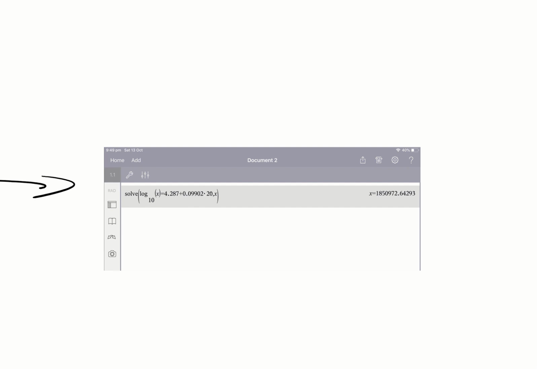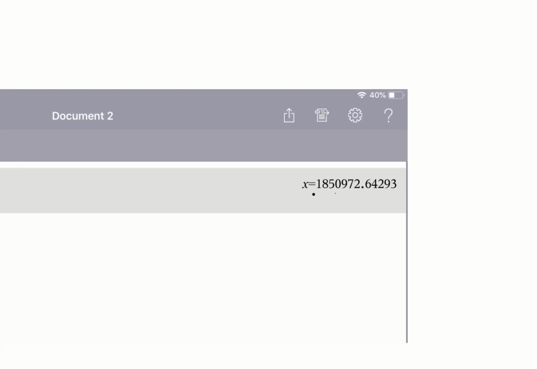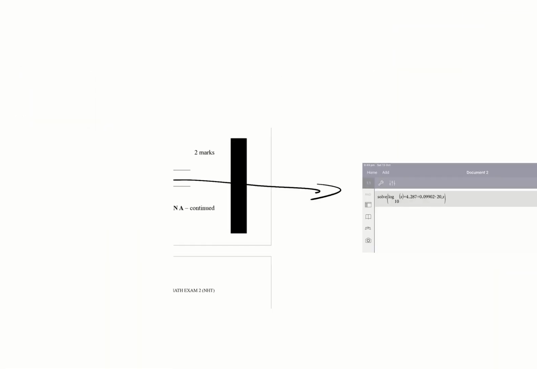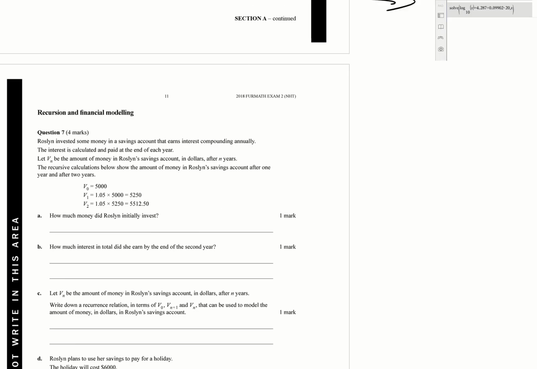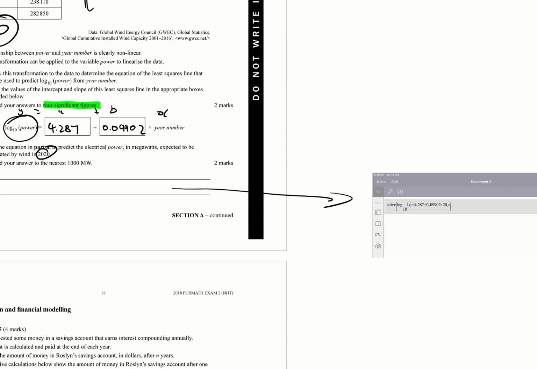Equals, we fill it out. You notice I put here this is the time value I put. Okay, comma x, and we get this value here. And if you look back at the question, we want it to the nearest 1,000 megawatts.